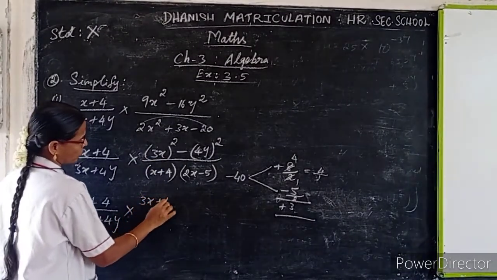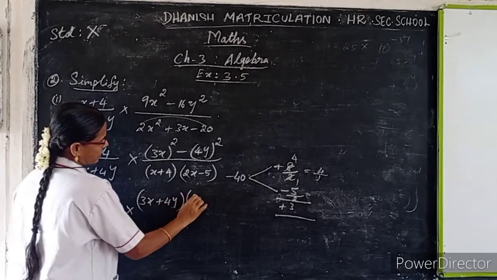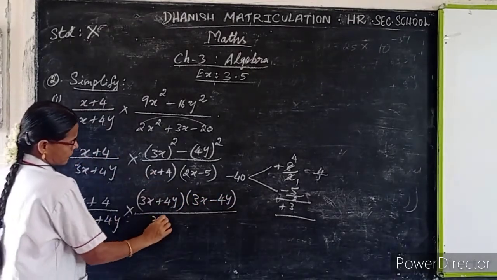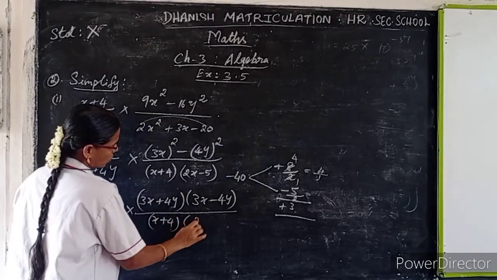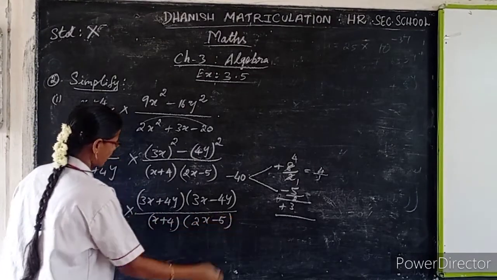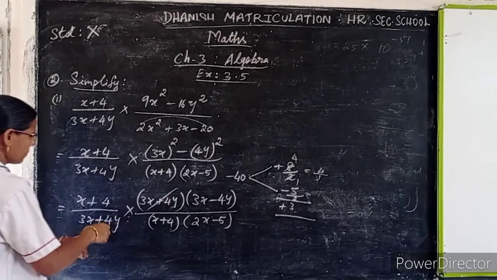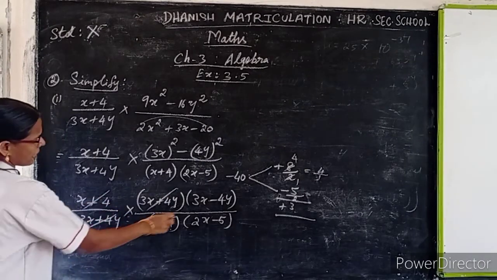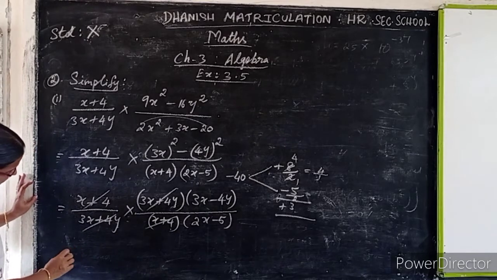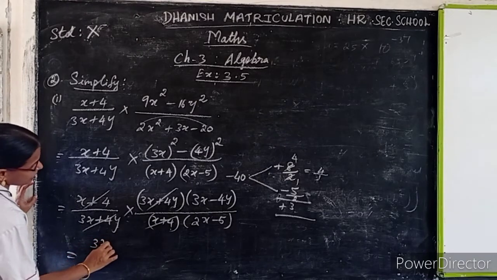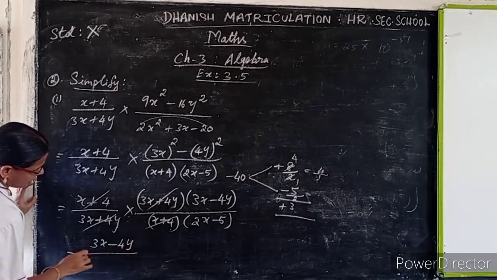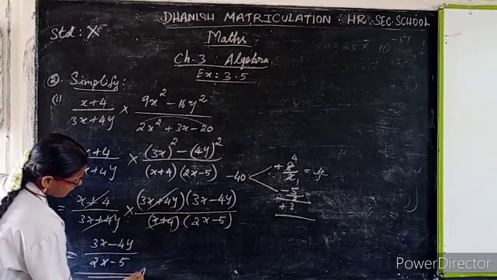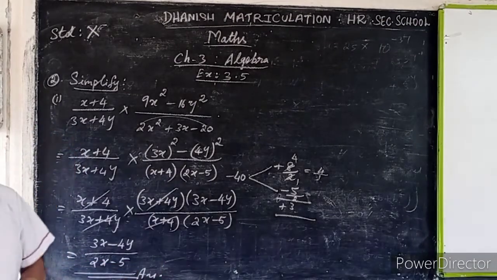So 3x plus 4y into 3x minus 4y divided by x plus 4 into 2x minus 5. Now cancel. These two terms get cancelled. Here x plus 4 gets cancelled. Remaining terms: 3x minus 4y divided by 2x minus 5. This is the answer for this question.